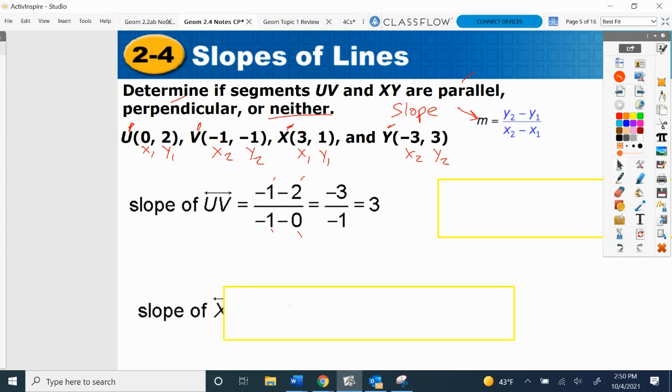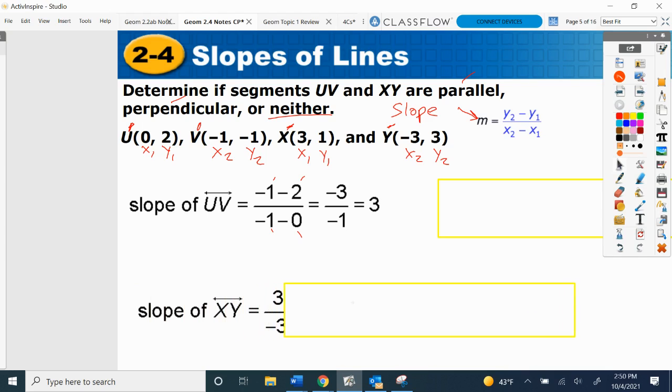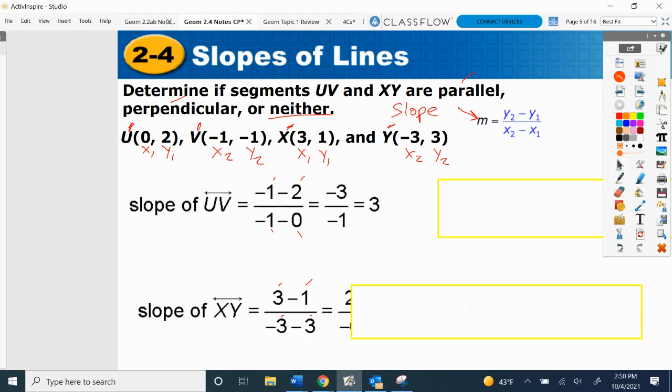So for the slope of XY, if we plug those numbers in, we have our y2 minus y1 and our x2 minus x1. If you simplify that and do the math, we would end up with 2 over -6. Simplify that all the way down, and we have -1/3.